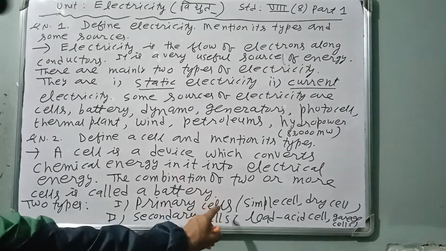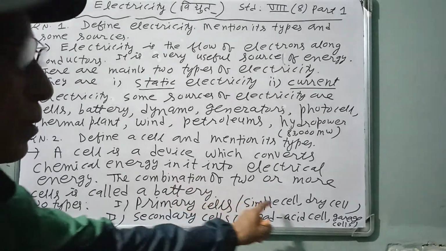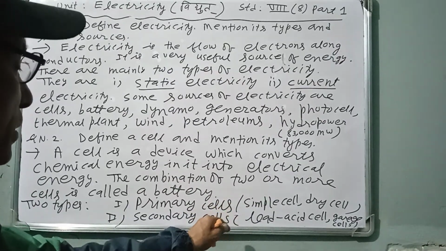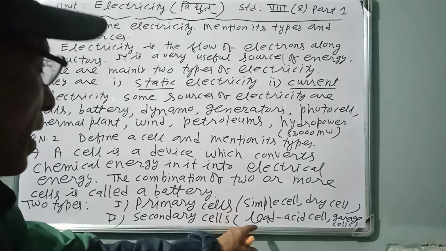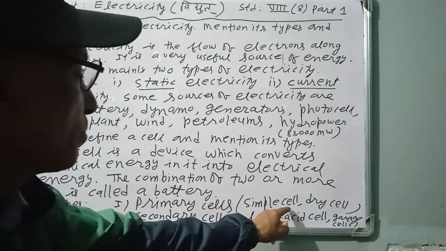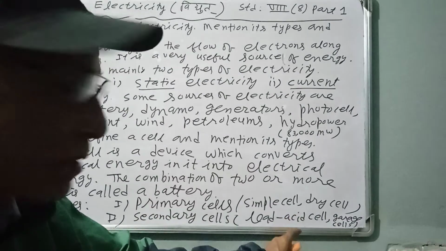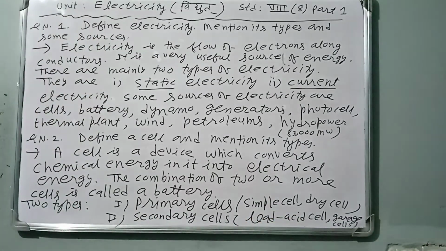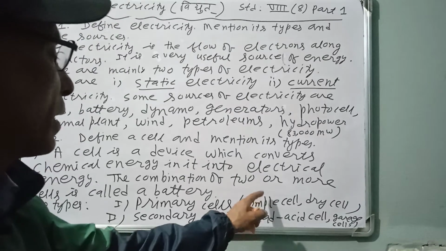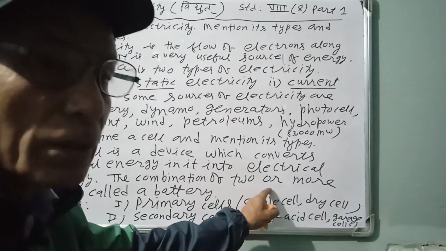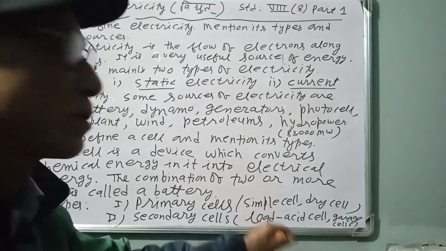Primary cells, just by the name, are those which cannot be recharged and cannot be used again and again like secondary cell. Simple cell and dry cell are two types of primary cells. Simple cell is also called voltaic cell because an Italian scientist, Alessandro Volta, invented the first simple cell.